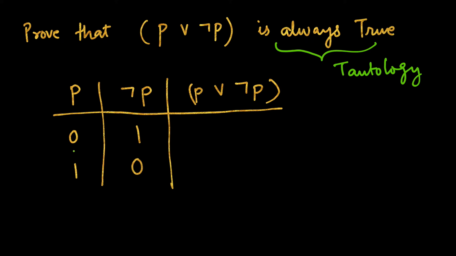So P can take either 0 or 1, and for not P it will be the opposite of that, and we have to take the OR of these two. That means if any one of them is 1, then it will be 1. So here it's 1, it's 1. We see that it's always true because there is no 0 possible here. The truth table says that it's always 1, no matter what the value of P is.